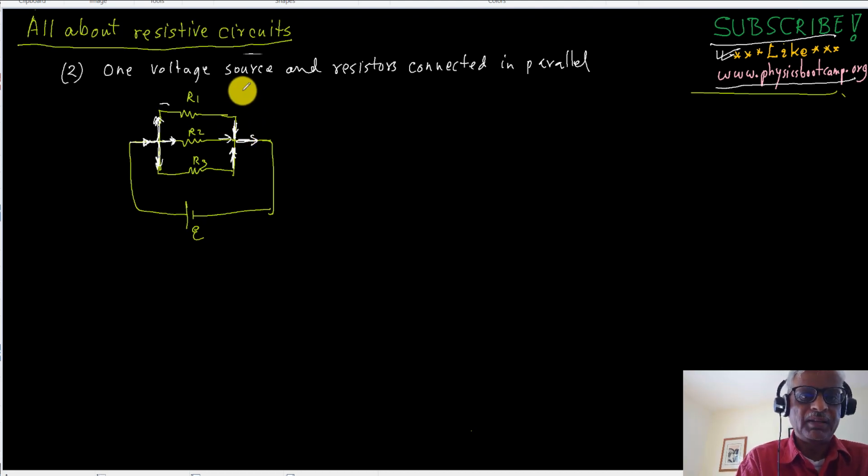So the way you decide is that the current comes in, divides, and those currents combine when they get out.